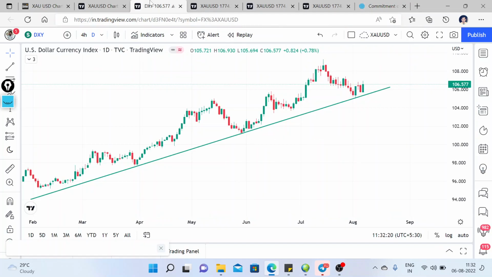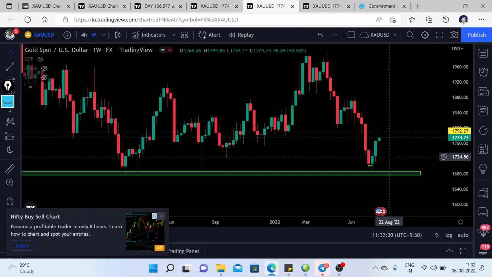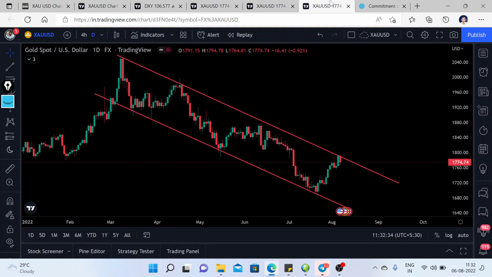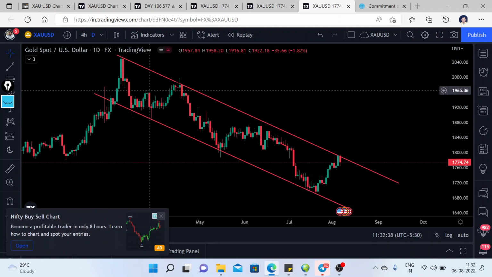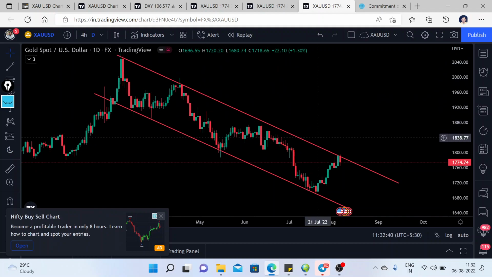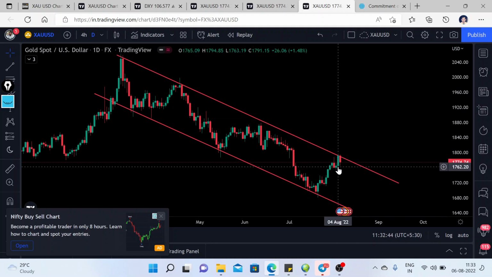And if we look over to the weekly chart and weekly candle, you can clearly see that this time the weekly candle is indecisive, and we have to wait and see how price moves next week. Also in the daily candle, we have a rejection on the upper side at this trend line, and the daily candle is bearish.